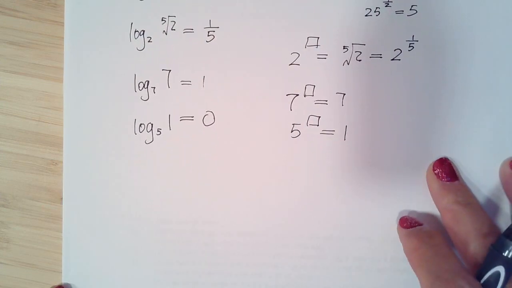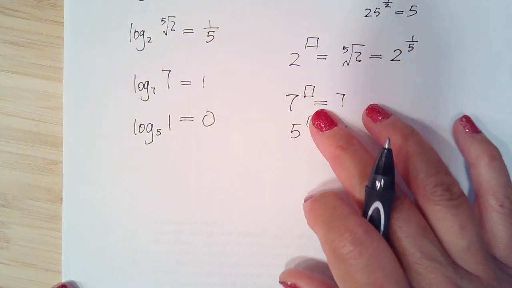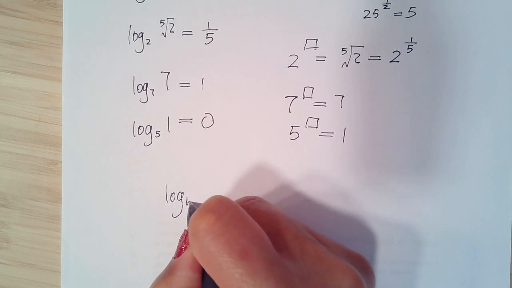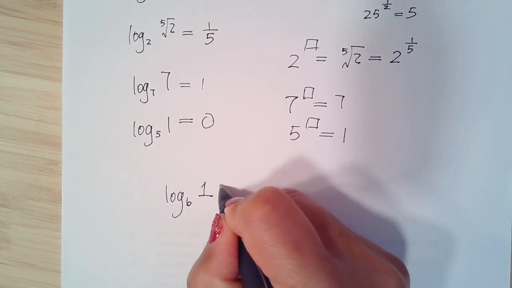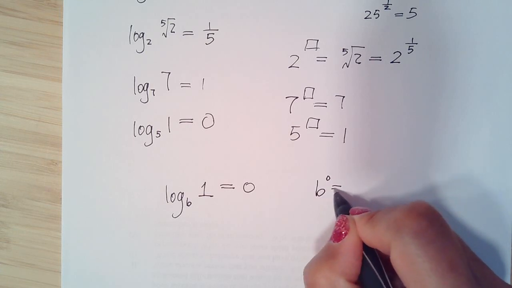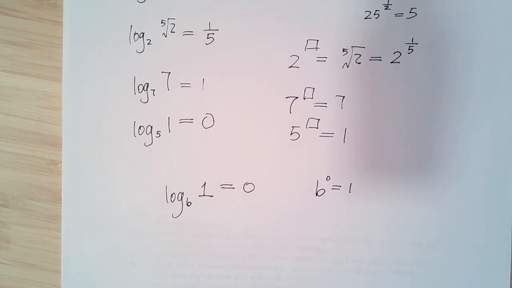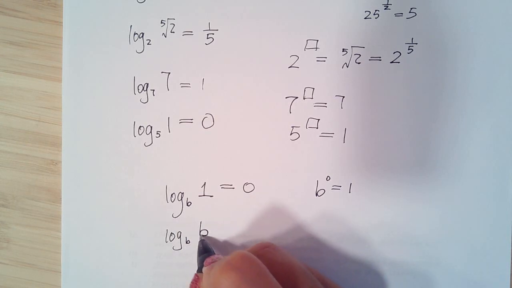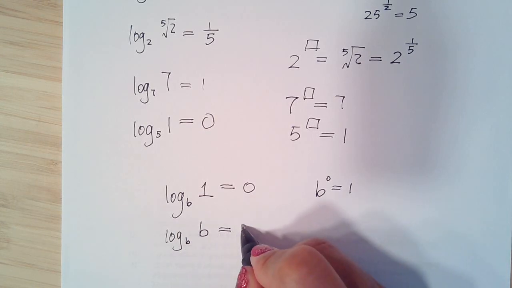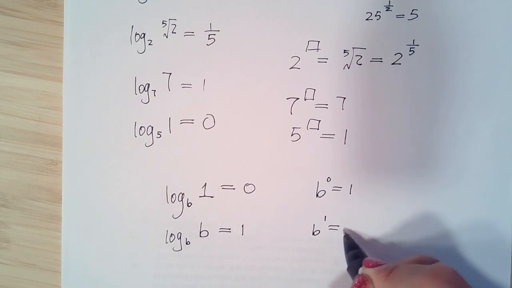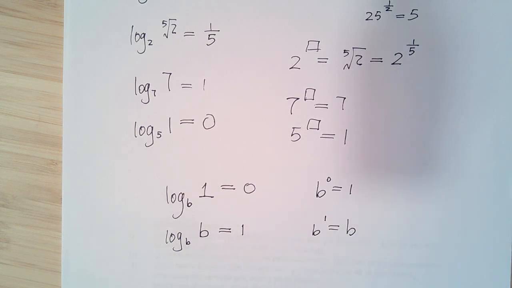All right, now what we can tell from there is log base b of 1 is always 0, because b to the 0th power is 1, isn't it? And log base b of b is 1, because b to the first power is b. You see this? Okay.